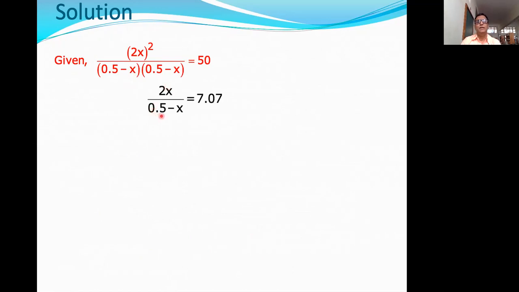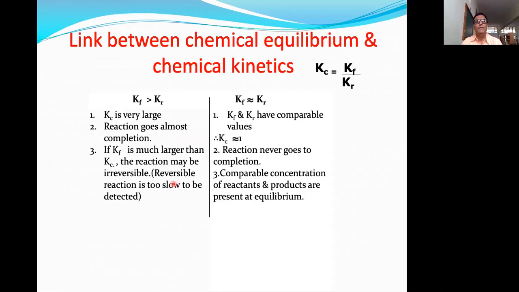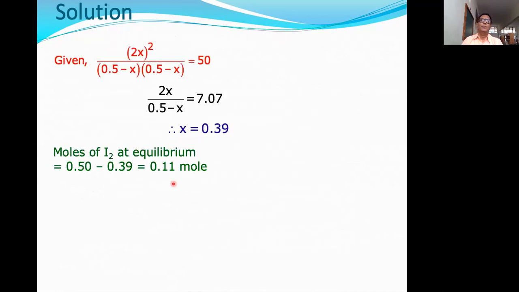By simplifying, you can write it as 2x divided by (0.5 minus x) is equal to 7.07. Therefore, x is equal to 0.39. Moles of I2 at equilibrium is equal to 0.50 minus 0.39, that is equal to 0.11 mole. Okay. Thank you.